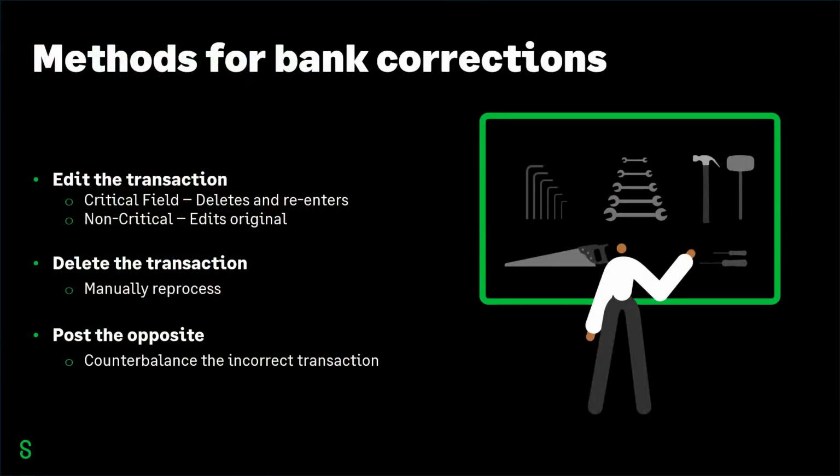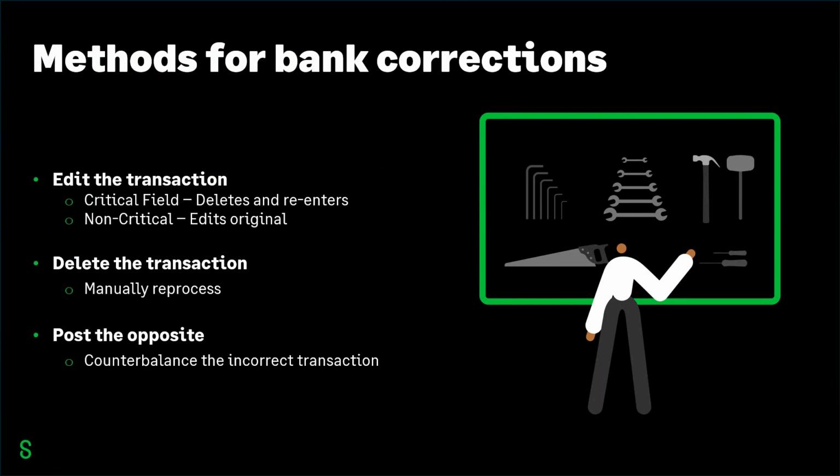So methods for correction. For example, you've made an error. For now, we'll just say it's an error in the bank section without being specific. What are the things that we can look at to fix this error, apart from obviously restoring a backup? The first one you've got is edit the transaction. There's two things that happen when you edit a transaction.